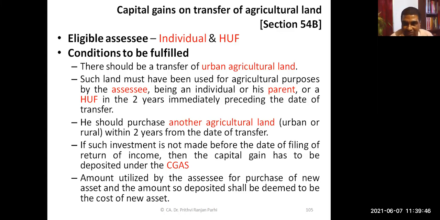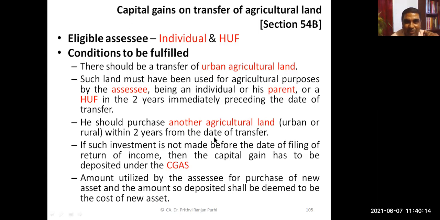And in case the new agricultural land has not been acquired before the date of filing of return, then money can be kept in the capital gain account scheme. Then whatever money is kept in the capital gain account scheme, it will be deemed that it has been invested in purchasing the eligible asset. Purchasing eligible asset is another agricultural land.